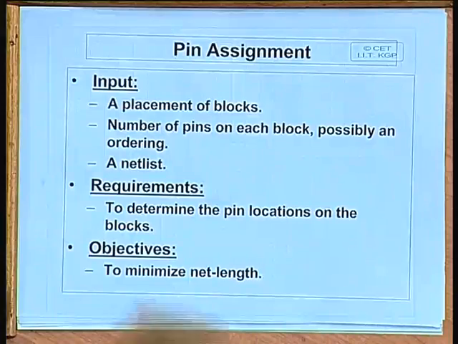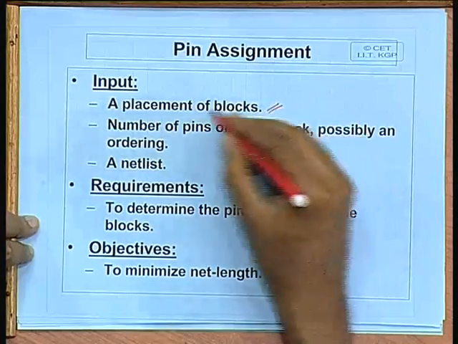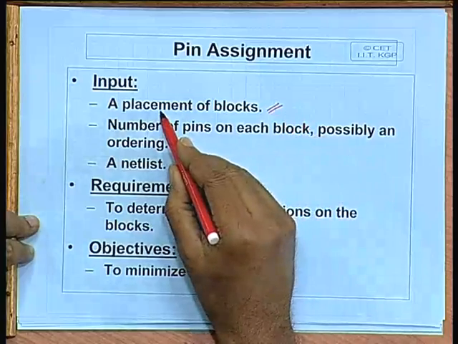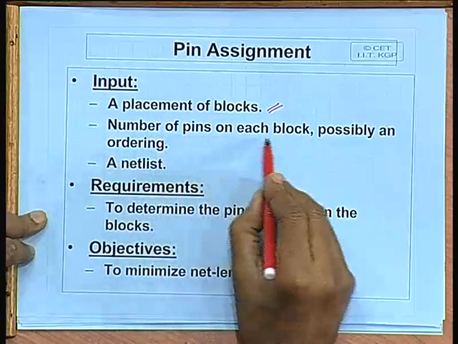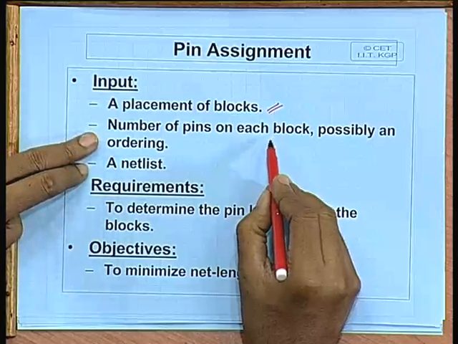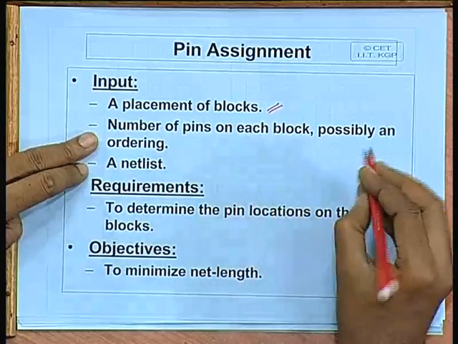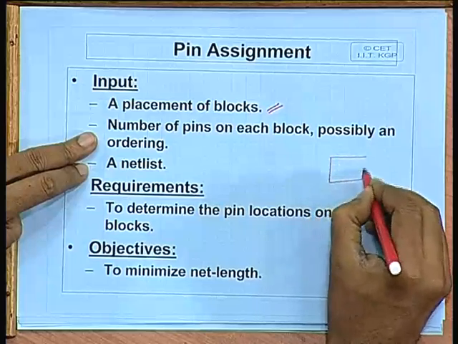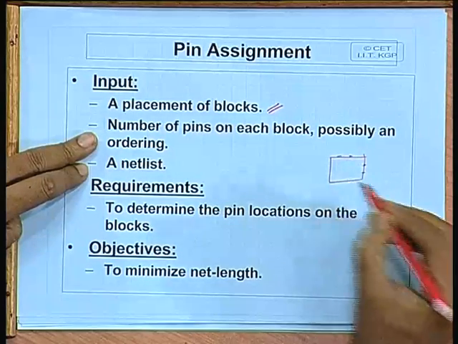Okay. Just to look at the problem once more. For pin assignment we have the tentative location of the blocks; it can be during floor planning, it can be during placement. So, you know how many pins are there on each block. For fixed blocks you know the exact locations; for flexible blocks you know that this block will be having 5 pins.